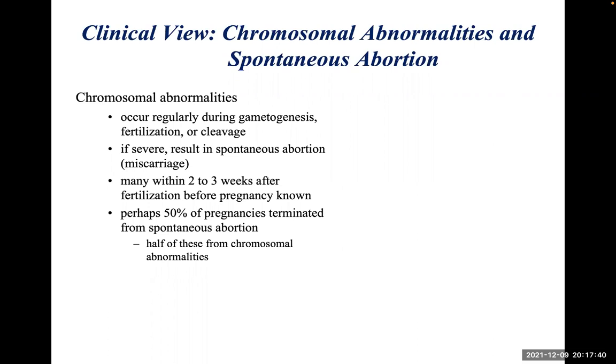Most of those spontaneous abortions occur because of chromosomal abnormalities. When chromosomal abnormalities exist, most of the time the chemical signals sent by that developing structure communicate to the maternal system, and help to change hormone profiles in a way that does not support pregnancy.